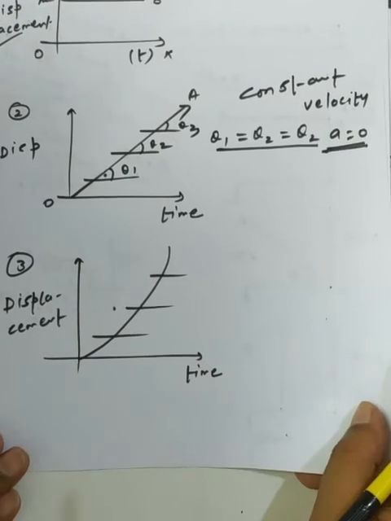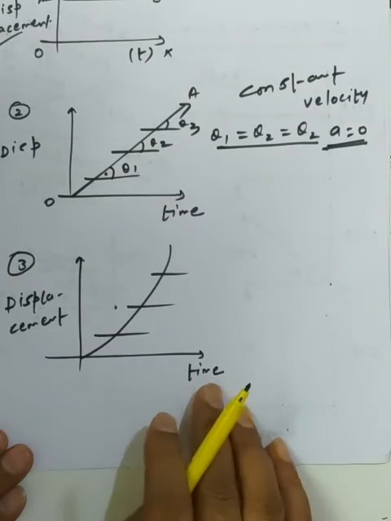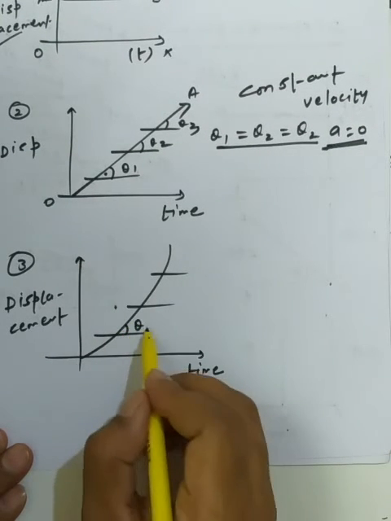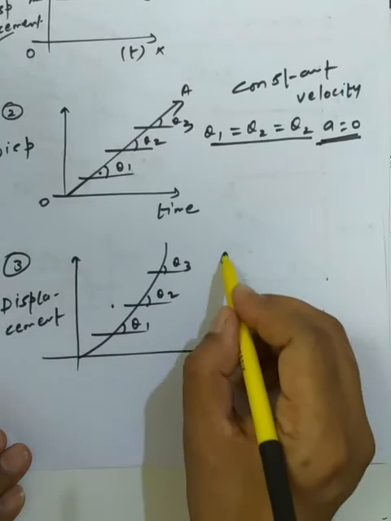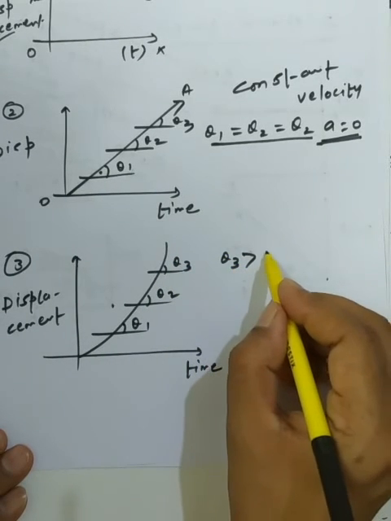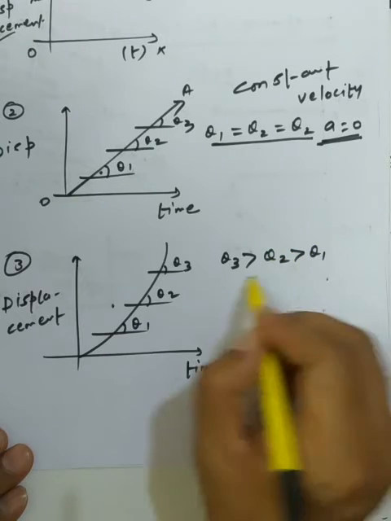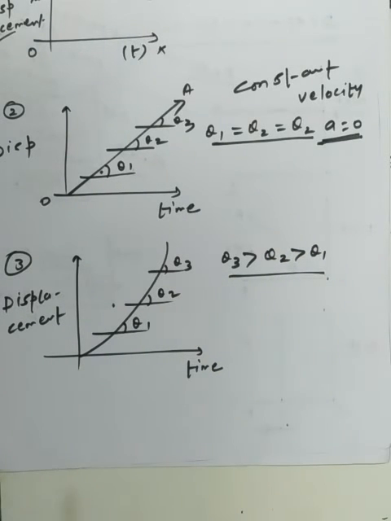Now next we have the displacement time graph with an increasing slope. Theta 1 is greater than theta 2, theta 3. So easily we can get that theta 3 is greater than theta 2, which is greater than theta 1. So the slope of the graph is increasing.